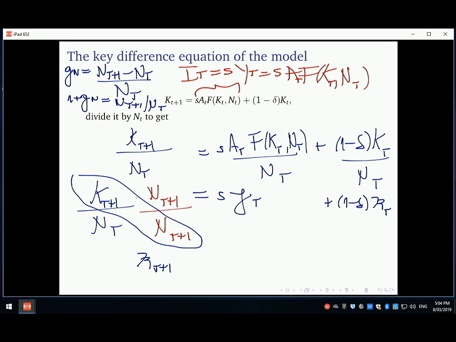So nt plus 1 over nt is just the gross growth rate, 1 plus the growth rate. So here we have 1 plus the growth rate of n is equal to s times little y, and little y is also a times little f, if you remember from before.